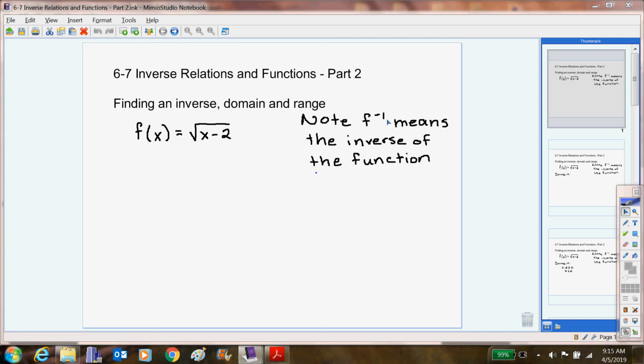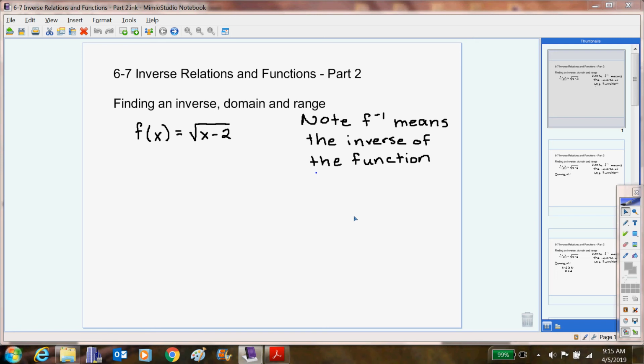So when you switch the x and the y, it's still easier to replace f of x with a y, switch those two things, and get the y by itself. At the end, that new y would actually be f inverse of x. So we would have those things to consider.